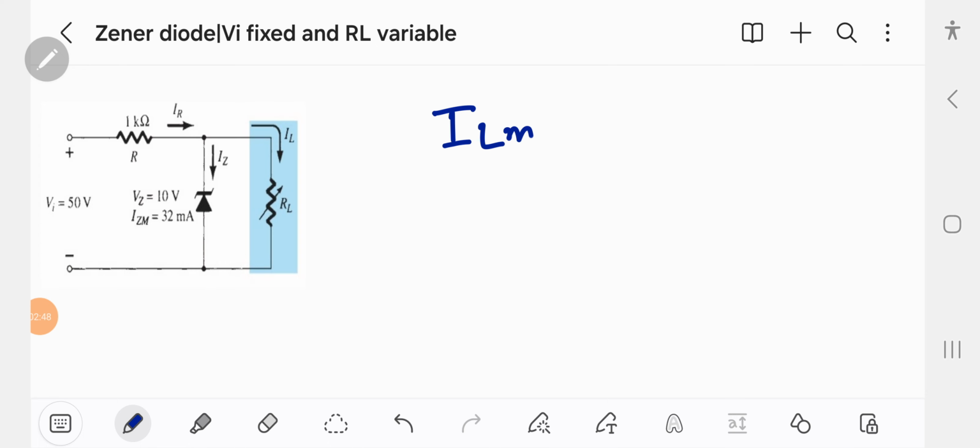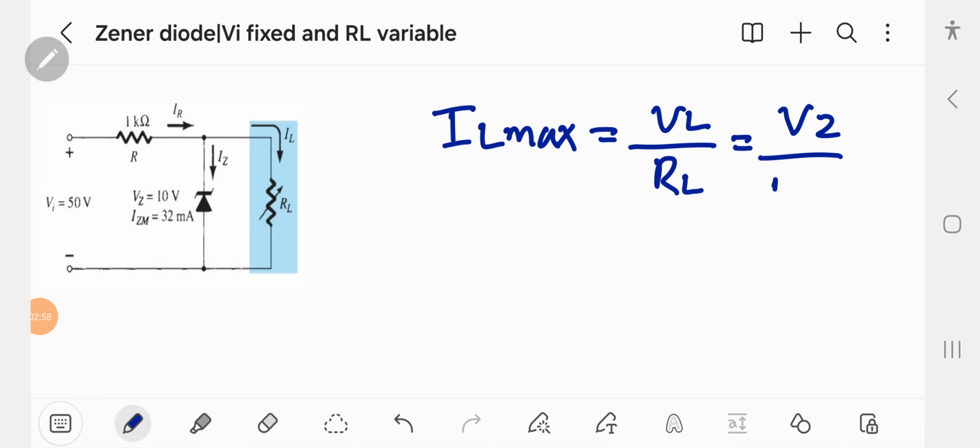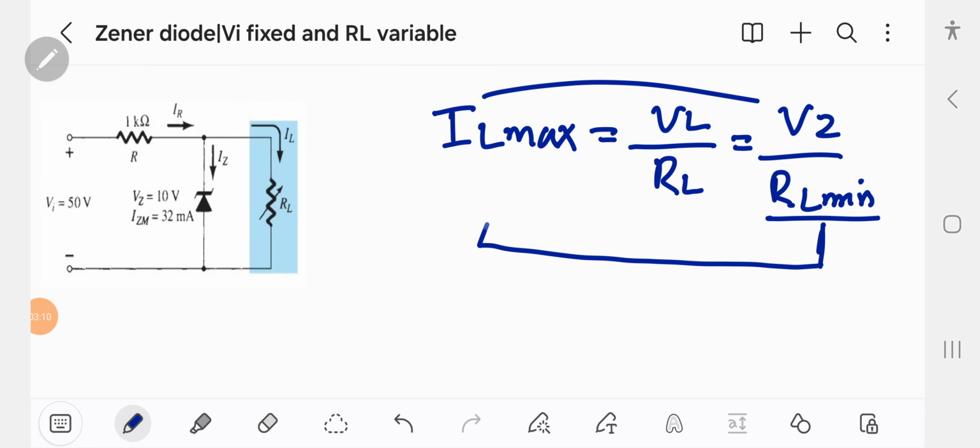The maximum current is actually equal to, so this is the minimum resistance and this is the maximum current, so for which the diode is on.